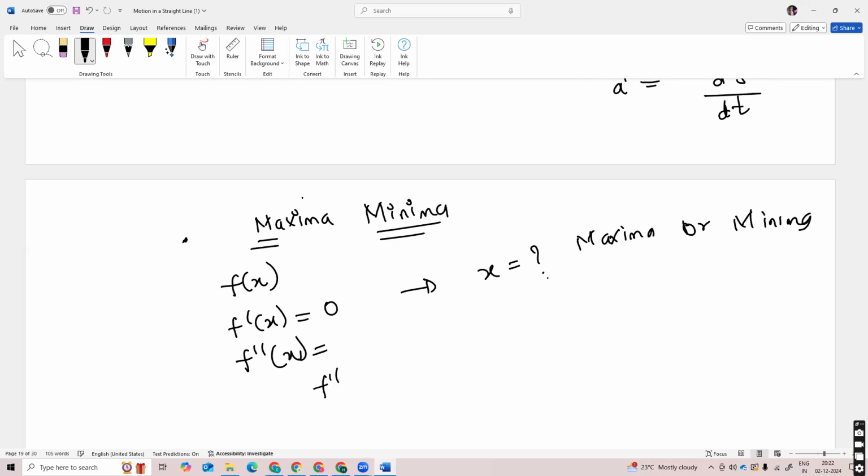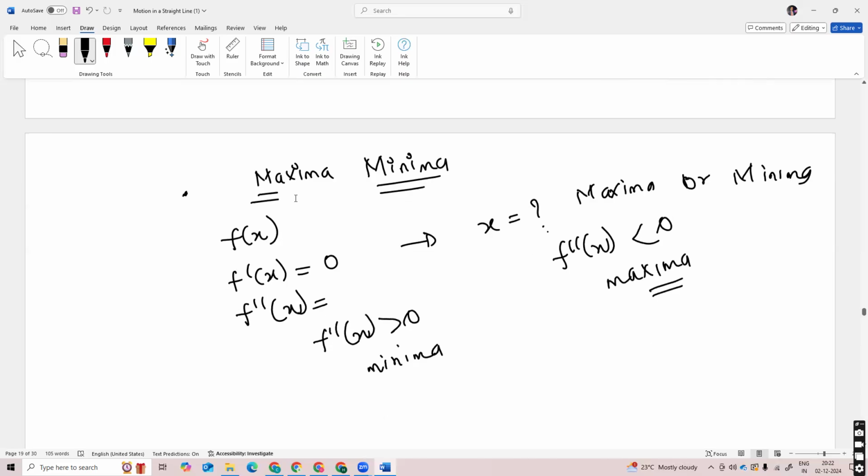If f double dash of x is greater than 0, or positive, then it is a minima, and if f double dash of x is less than 0, then it is a maxima. This we learned in the differentiation class.